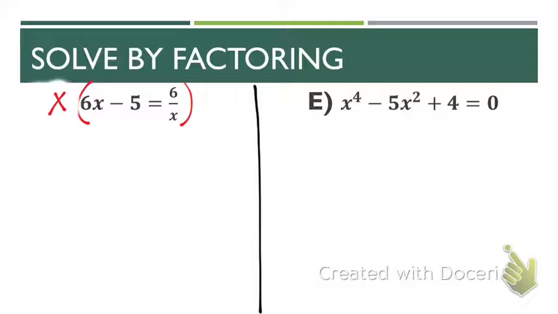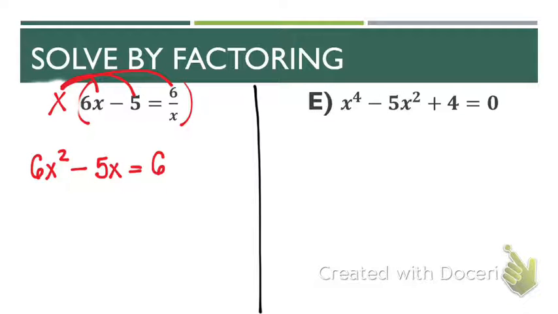So if I take x times 6x, then I would get 6x squared. Bring down your subtraction sign. x times 5 is 5x. But then when I multiply this by x, because it has an x in my denominator, it's just going to clear it out. So you have a 6.